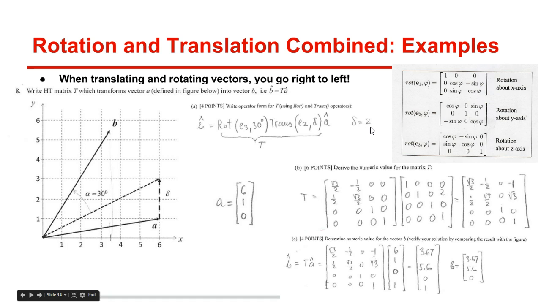In this case, delta is 2. So you translate it along the y-axis, denoted by the E2, because before when we looked over basis vectors, you saw that E2 represents the y-axis. So translate it along the y direction by delta, and then after you've translated it, you want to rotate it about the z-axis by 30 degrees.